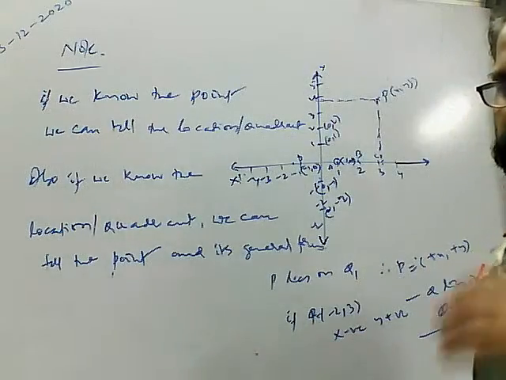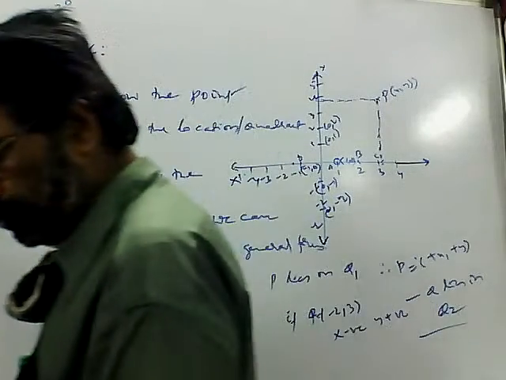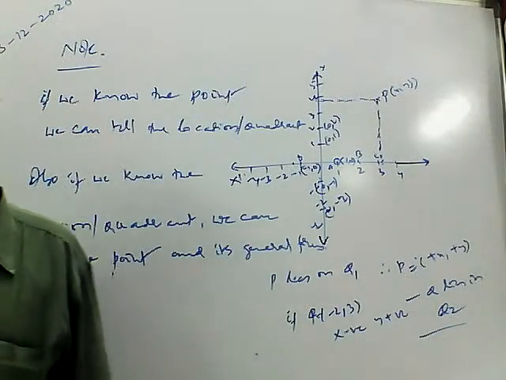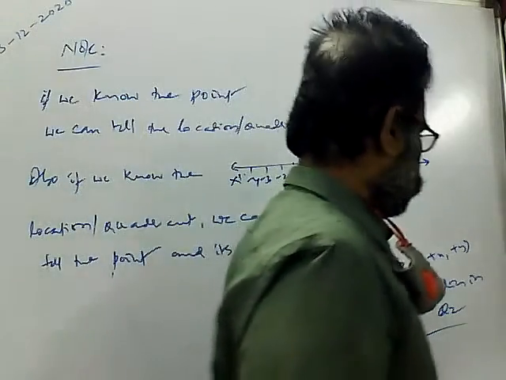So the location, the quadrant, gives the general form of the point. Are you clear? Yes? Next.